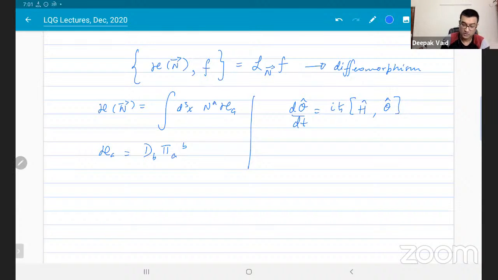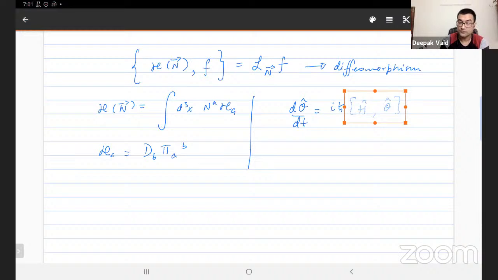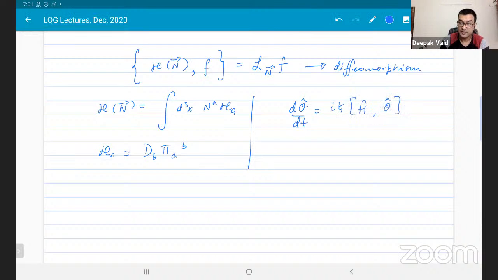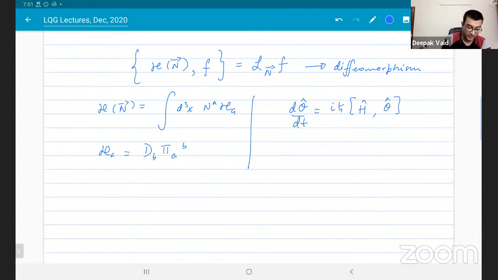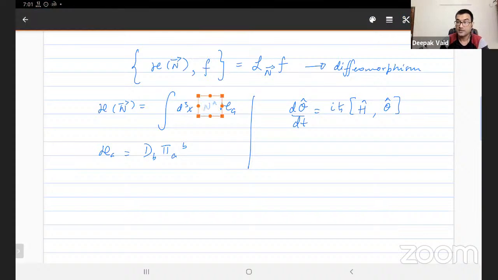How do you interpret it? It tells you that the commutator of these two quantities gives you the derivative of this quantity with respect to the vector field generated by this H. In the same way, I have this function H. What is the vector field generated by this function? This vector field is N^a.